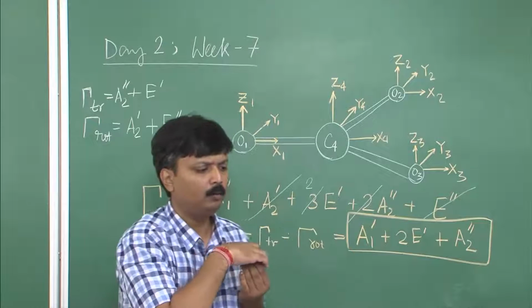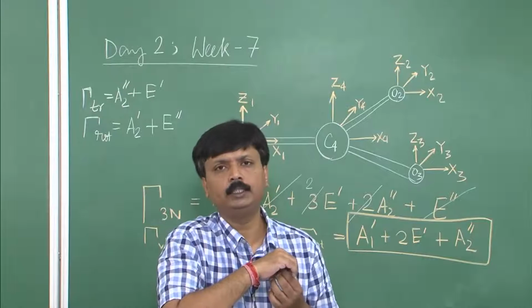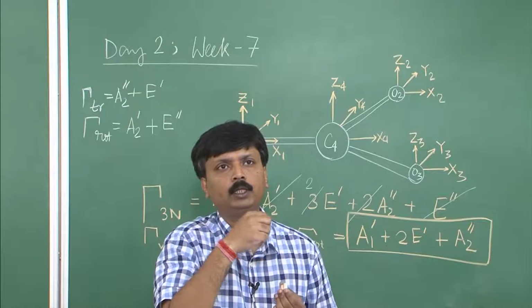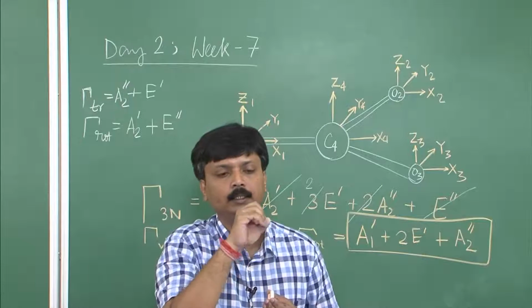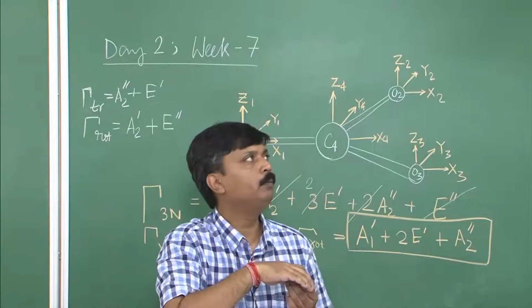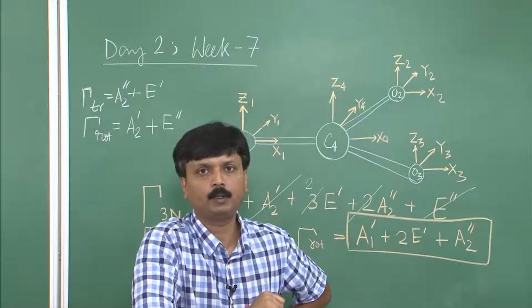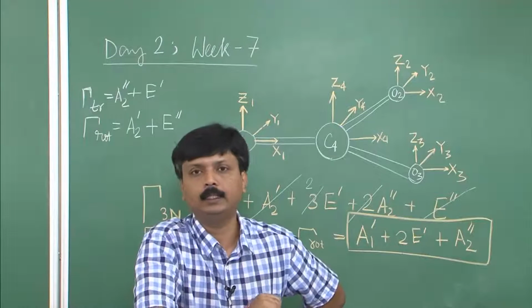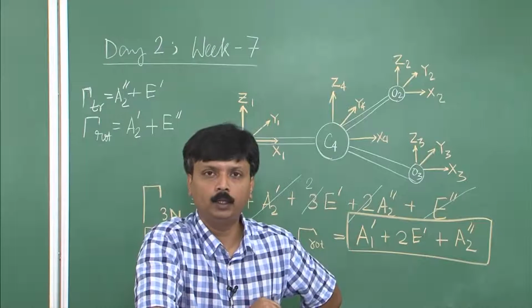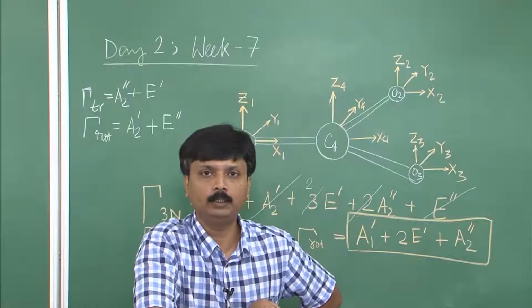So now, having said all these things, the next question is, could we come to these normal modes and their symmetries without dealing with all these coordinate systems x, y, z? The answer is yes. How can you do that? You can do it by taking the internal coordinates into account.